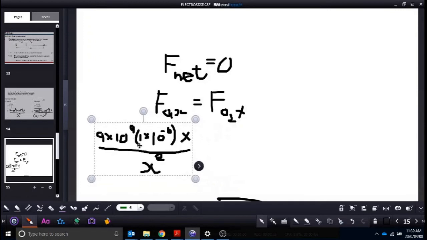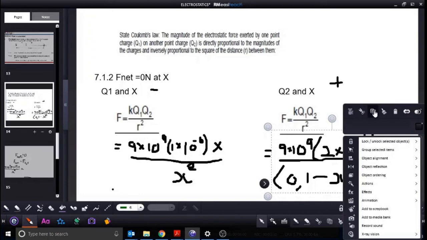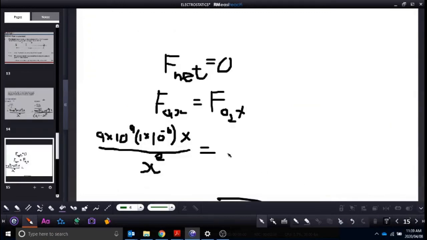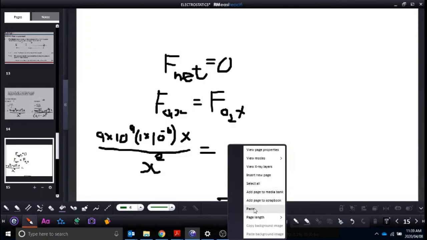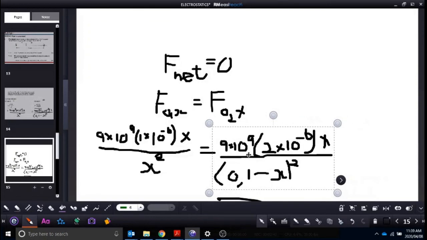Okay, so there is our Q1x, and if we add our equality sign and we go back to our previous one, okay, so this is what we will then have.